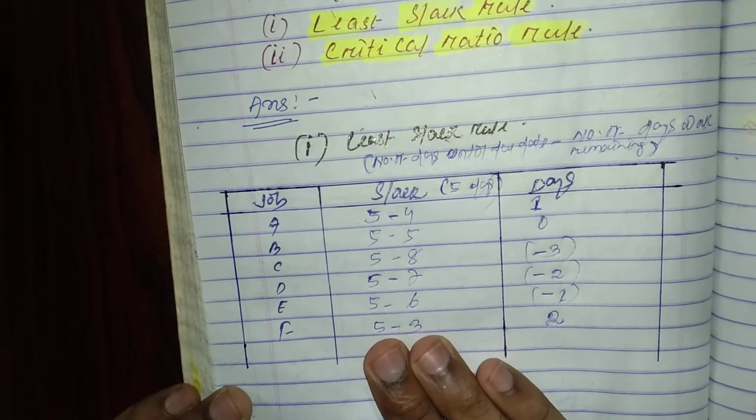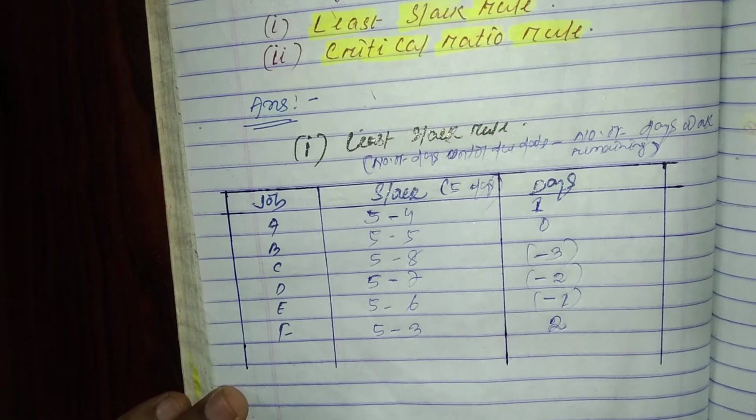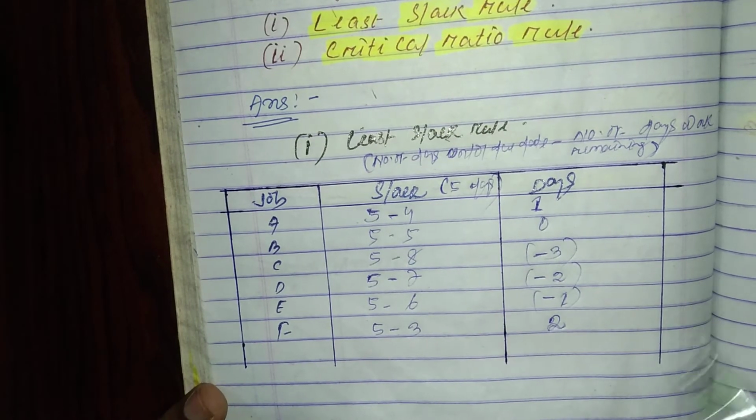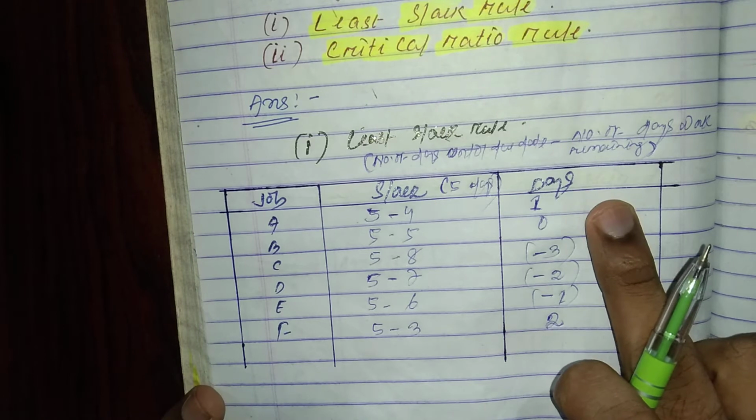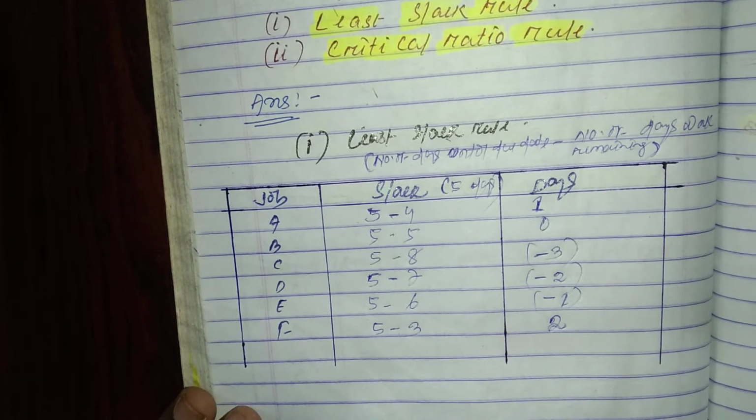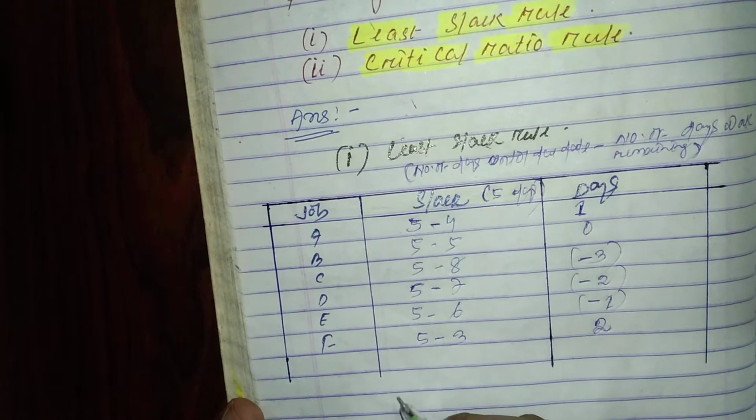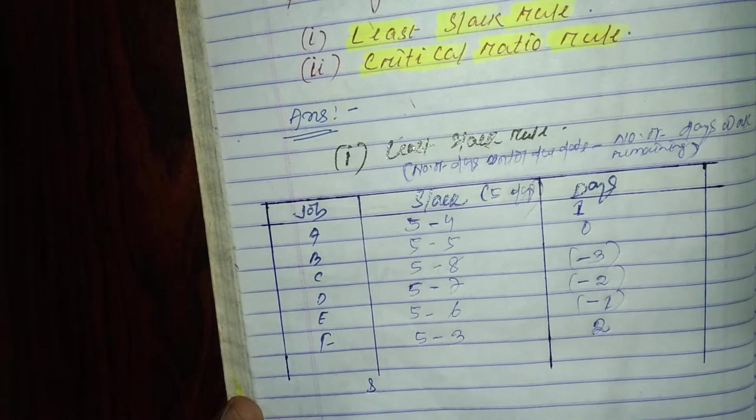This is how we obtain the slack days. Now we have to arrange them in sequence according to the least slack rule.